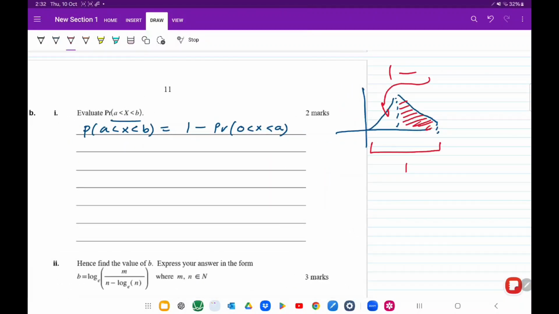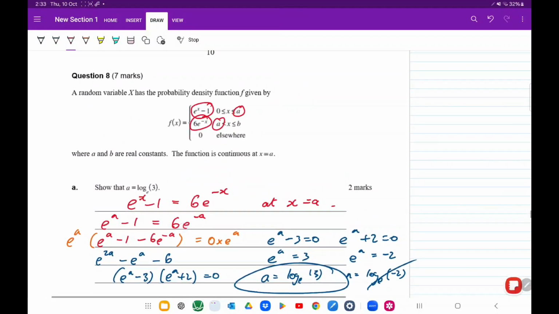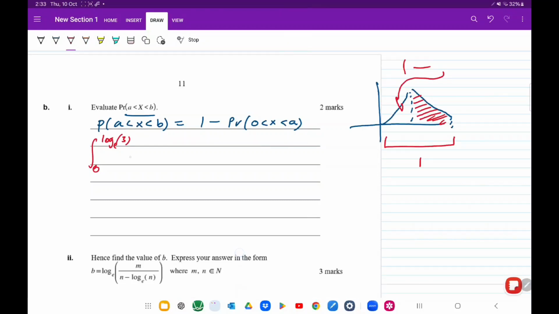So let's evaluate this. The integral from 0 to a, in this case log e 3, as we found out in the previous question, of e to the power of x minus 1 dx.